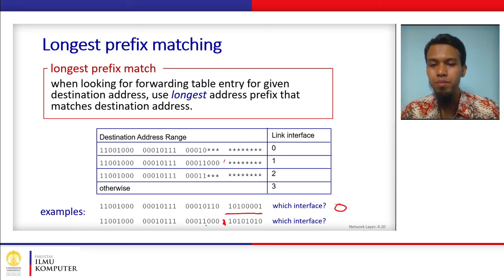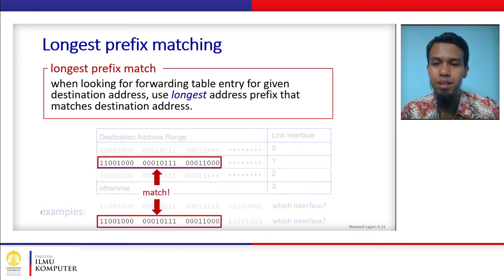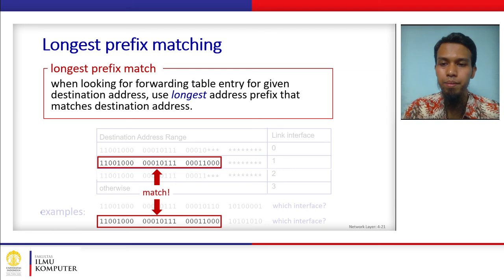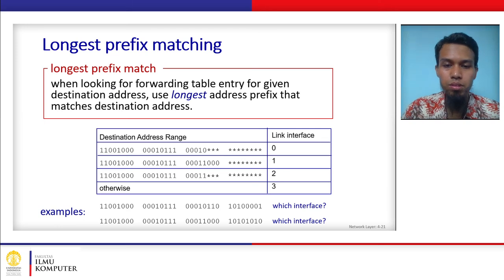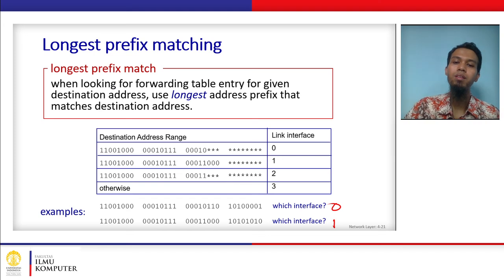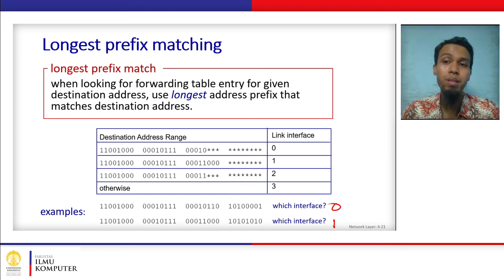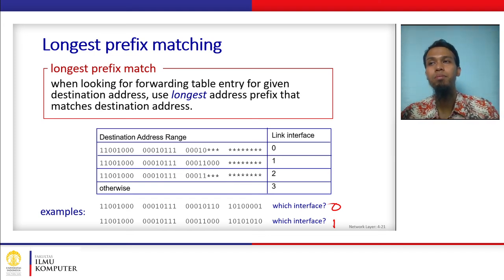This is the longest prefix matched to the predefined destination IP address ranges, so it will be forwarded to interface number 1 instead of number 2. This is the principle of longest prefix matching: we start from the most significant bit, and then take the longest match.